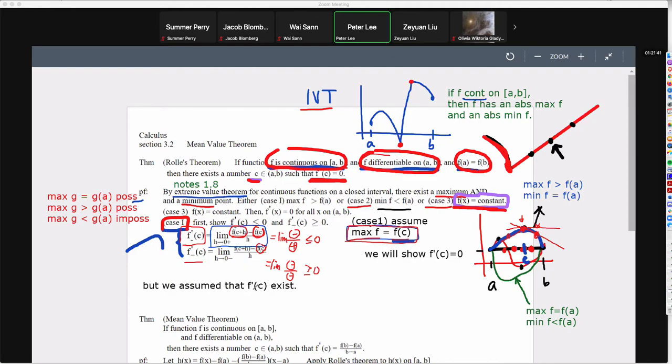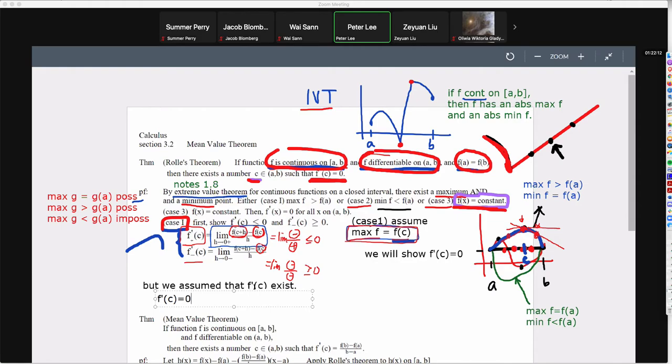So that means f prime at c must be a number. How can f prime at c be a number? Now there's only one choice. F prime at c can only be 0. Why? Because the right derivative is less than or equal to 0, and the left derivative is greater than or equal to 0.